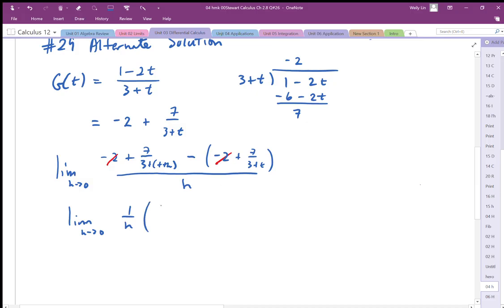I'm going to get a common denominator, so that becomes 7 times 3 plus t minus 7 times 3 plus t plus h. And that's all over the common denominator of 3 plus t plus h times 3 plus t.